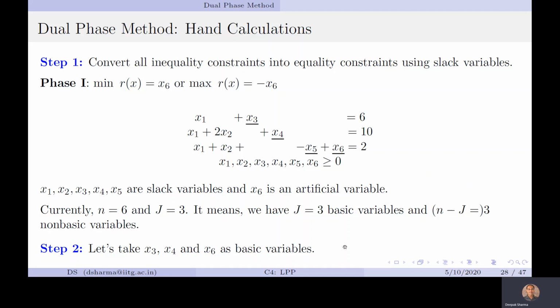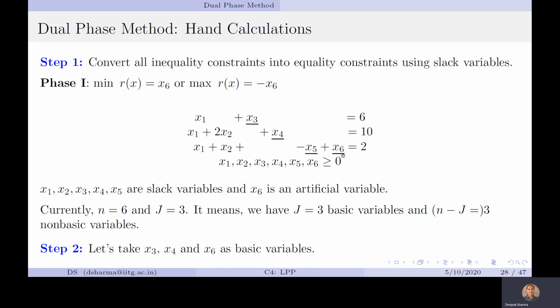I told you one thumb rule earlier. Let us look at constraint equation 1. Since x3 is slack, take it as a basic variable in the starting. Similarly, in equation 2, x4 is the slack variable. We should take it as a starting basic variable. Now look at equation 3. It has 2 variables. One is x5, which is a slack variable.